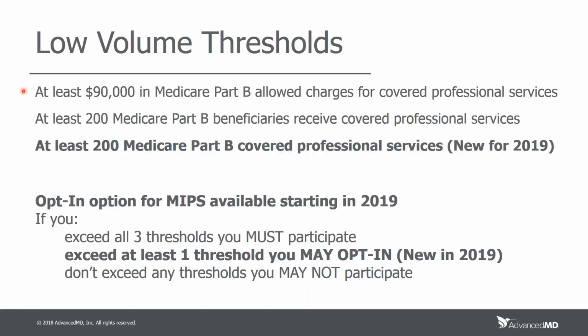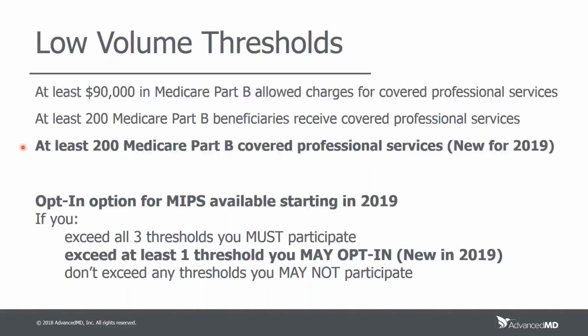So you need to do at least 90,000 as the low volume threshold. If you do less than that, then you have not met that threshold. Another threshold is at least 200 Medicare Part B beneficiaries who receive covered professional services from you. The third one that they've added this year is at least 200 Medicare Part B covered professional services.